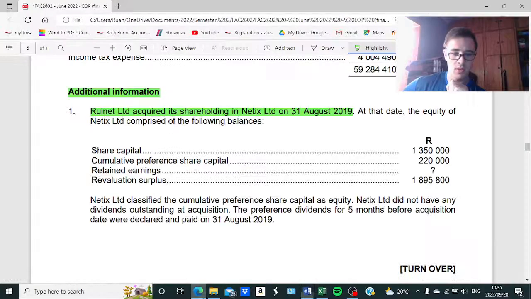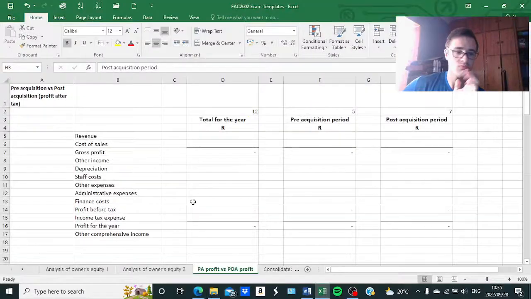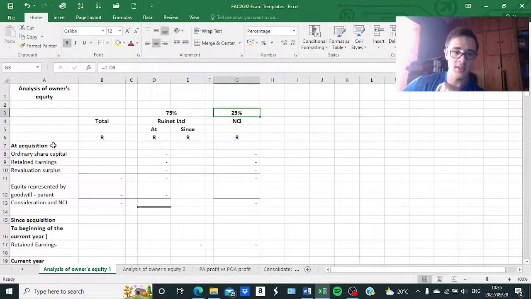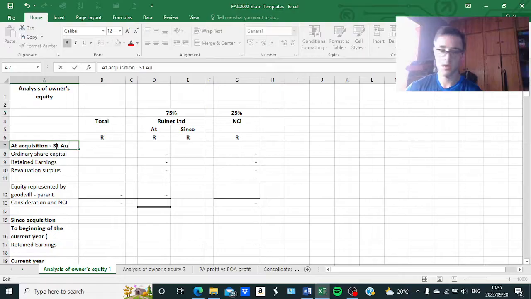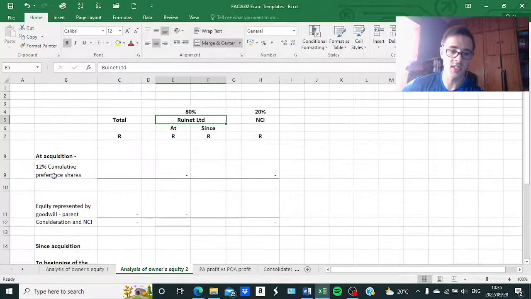Let's move on. So we have the date of acquisition, which is the 31st of August 2019. So just for the sake of completeness, we will also indicate it here in the Add Acquisition section.